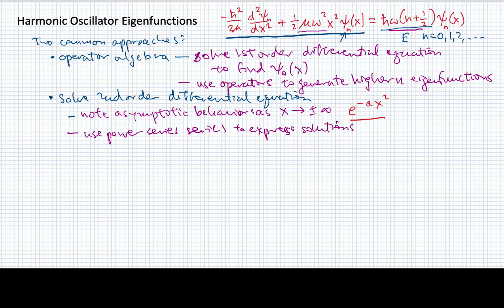They would all be expressed something like psi sub n is equal to the sum over all the various possible n's, times e to the minus a x squared. So we've used the asymptotic part out here to attach it to a series solution, and then we can solve for these various coefficients for the series that represent the various eigenfunctions of the harmonic oscillator. And it turns out that this will enable you to develop recursion relations for those coefficients.